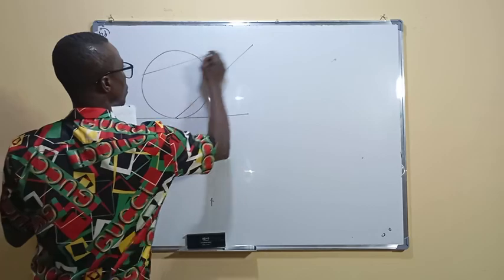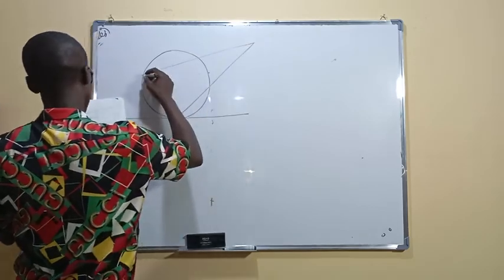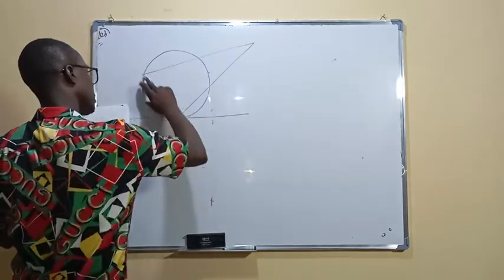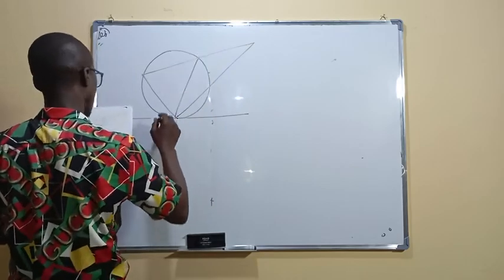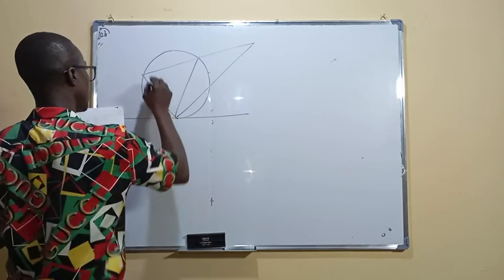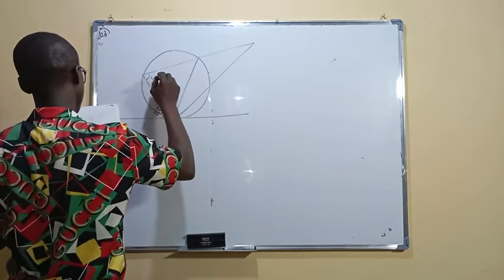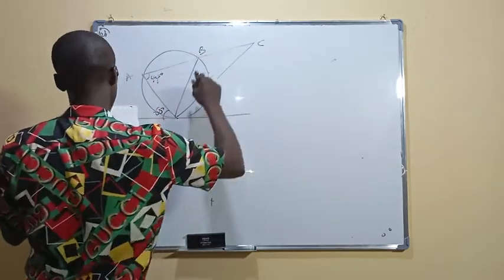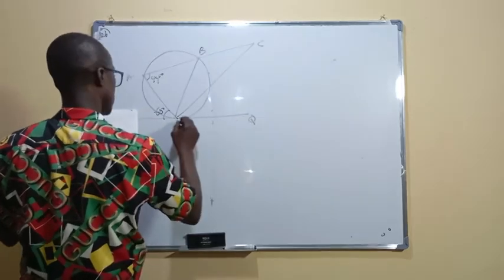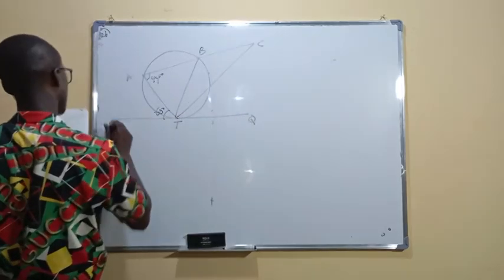It connects to this, and then I have this. So this is 60 degrees, this is 44 degrees, and this is A, this is B, this is C, this is Q, this is T, and this is P.